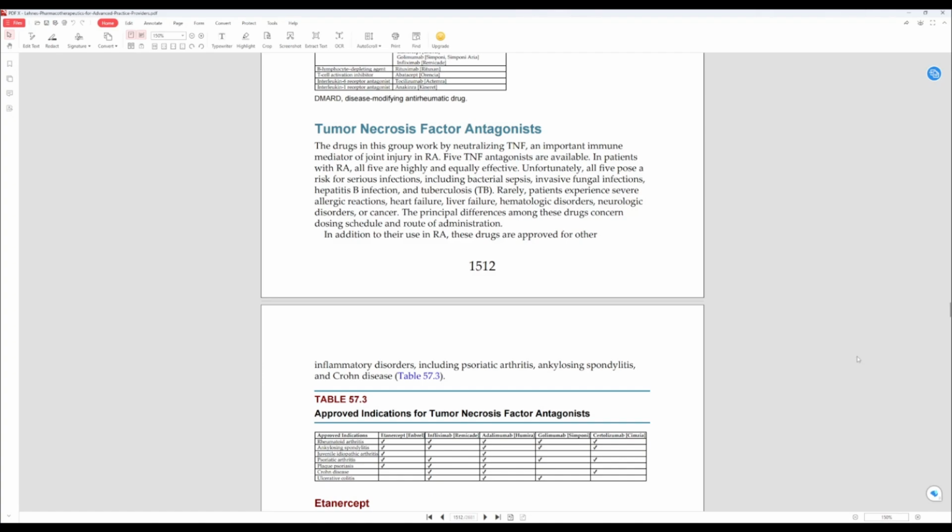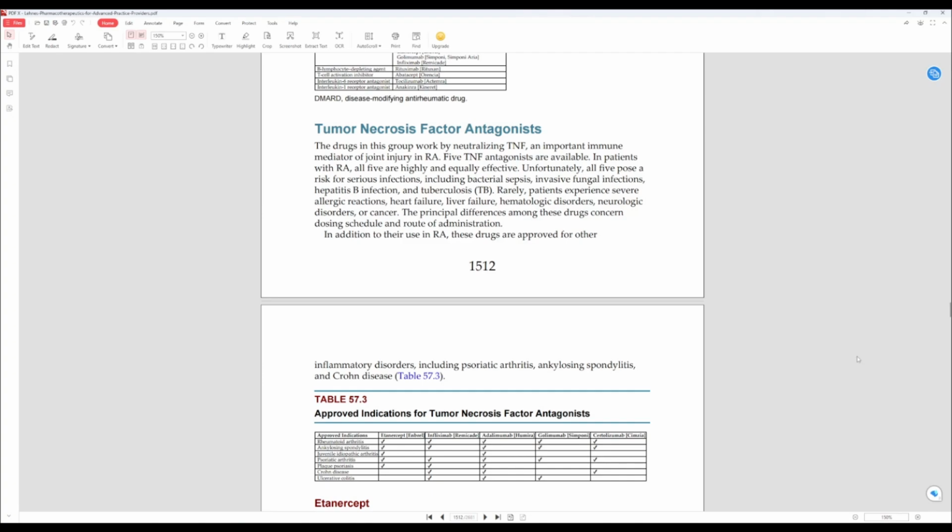Unfortunately, all 5 pose a risk for serious infection, including bacterial sepsis, invasive fungal infections, hepatitis B infections, and tuberculosis. Rarely, patients experience severe allergic reactions, heart failure, liver failure, hematologic disorders, neurologic disorders, or cancers. The principal differences among these drugs concern dosing schedule and the route of administration.